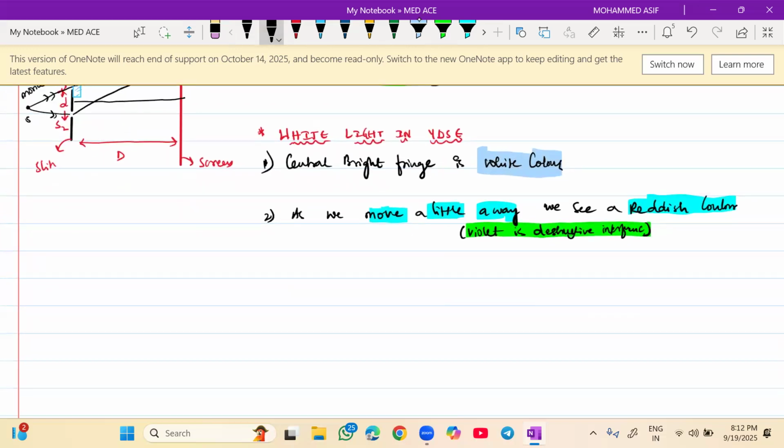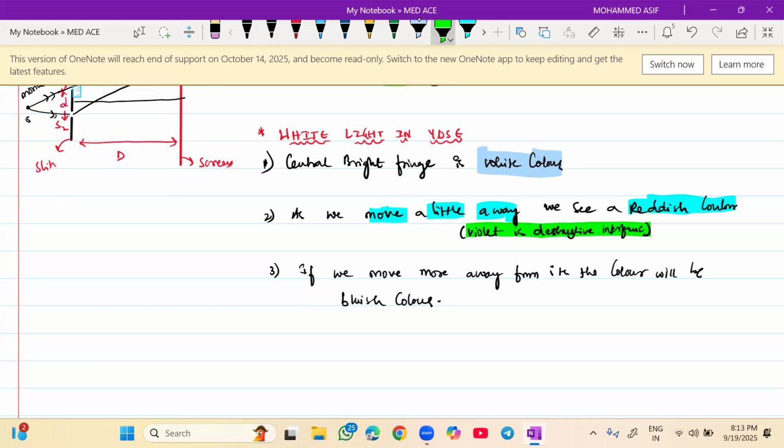And one more theoretical point: if we move more away from that, the color will be bluish.